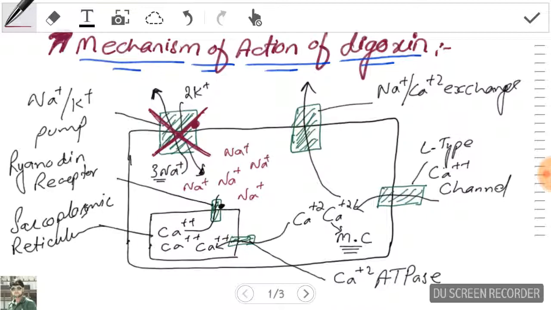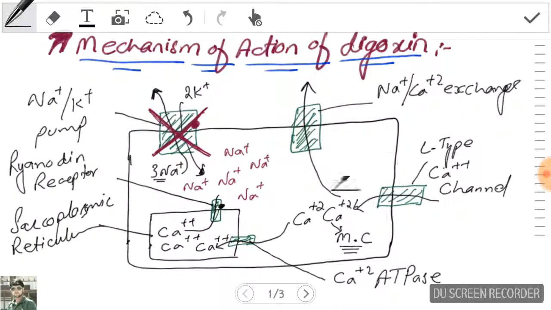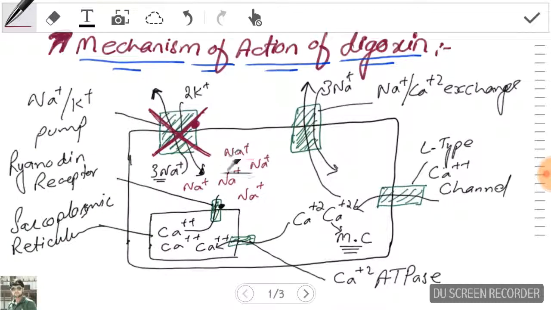In a normal condition, the sodium calcium exchanger brings 3 sodium in and 1 calcium out of the cell, but after the action of digoxin, due to the accumulation of more and more sodium ions inside the cell, the sodium calcium exchanger will reverse its function.